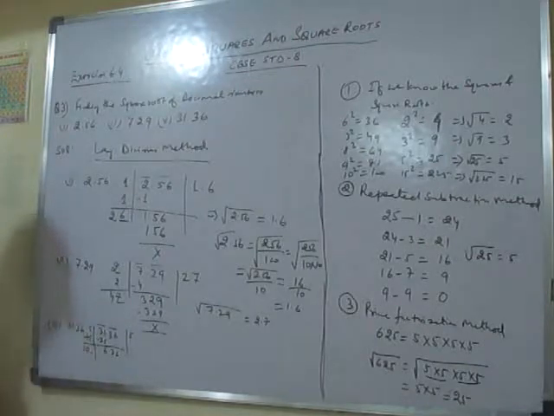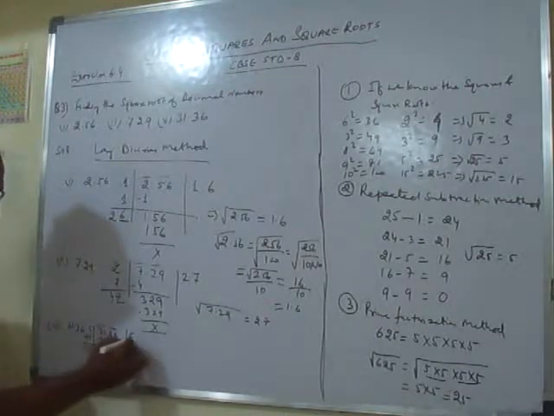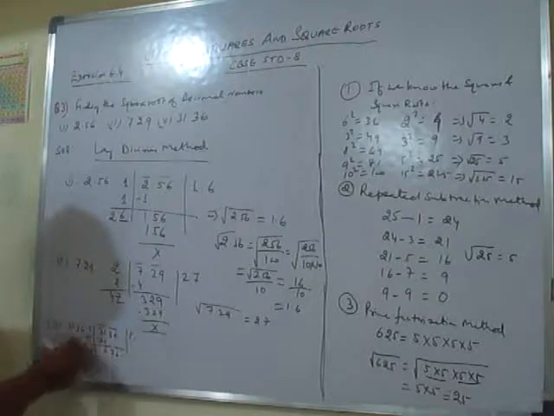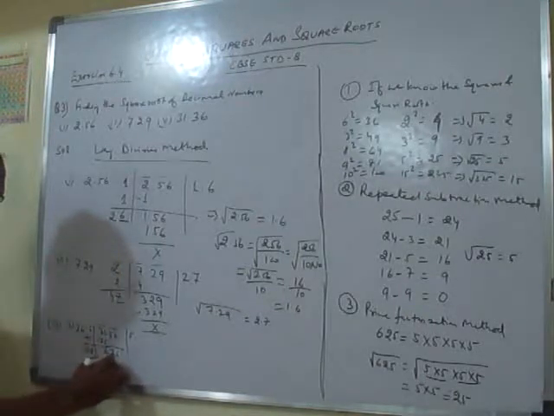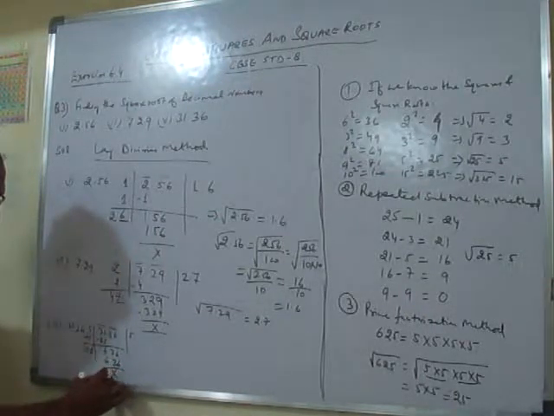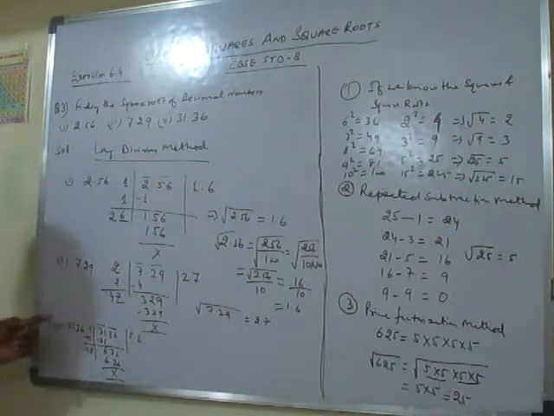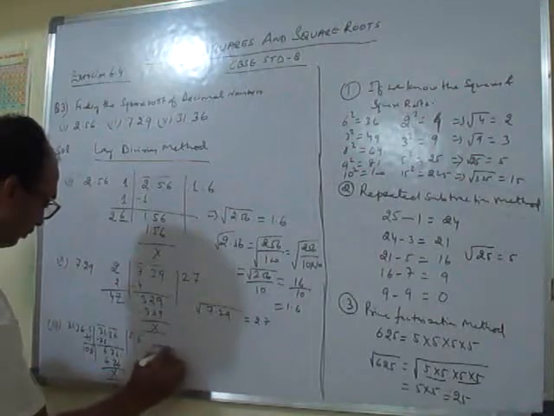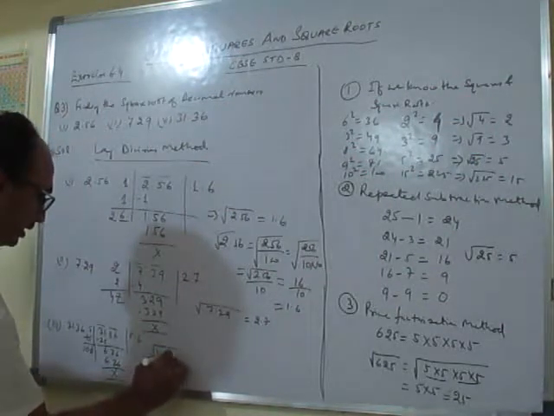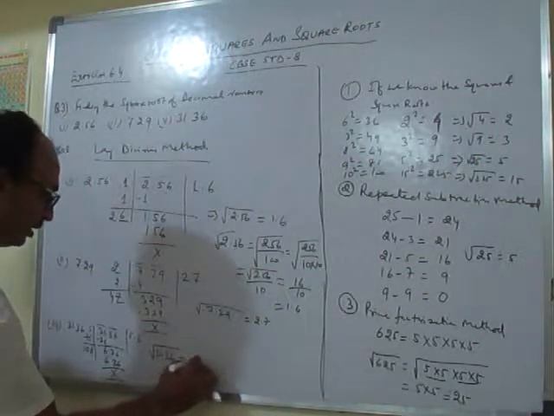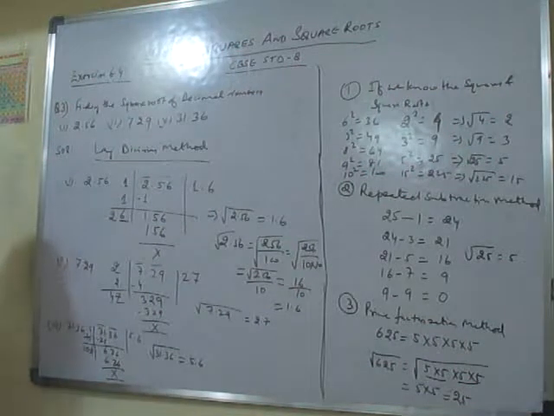So we can put 6. Here the decimal will come. So 6 into 106 is 636. So we got 636 and we have solved it. So we have got 6 here. So the square root of 31.36 is giving us 5.6, gentlemen.